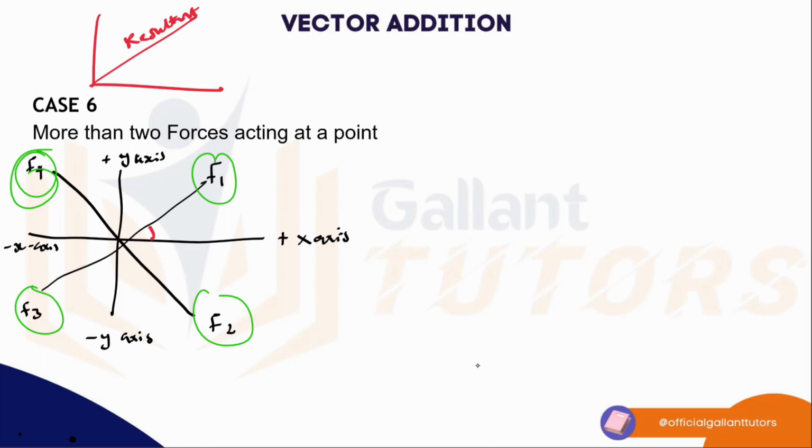There is an angle here, and there's also an angle here. I can say this is theta 2, theta 3, and this is theta 4. So I can represent it this way. Good?